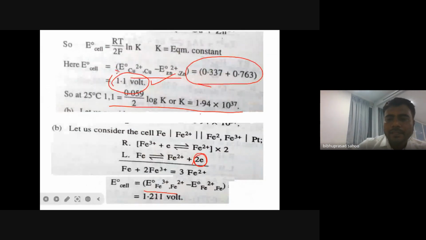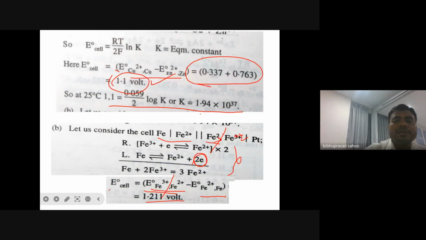So Fe gives Fe2 plus, Fe2 plus gives Fe3 plus, platinum. This will be Fe3 plus, Fe2 plus. So this is the reaction, and here it is cathode minus anode.